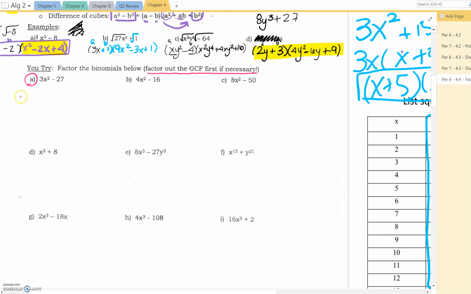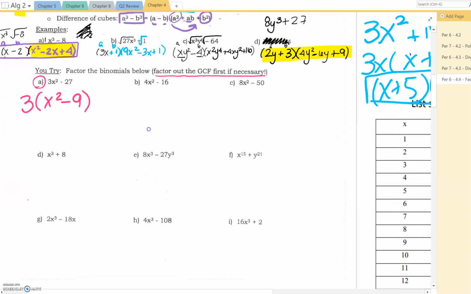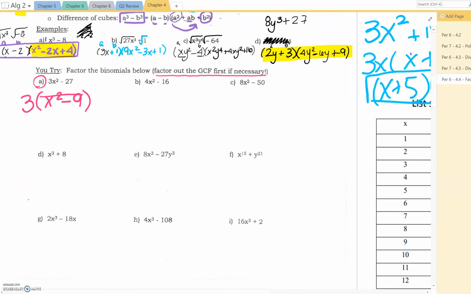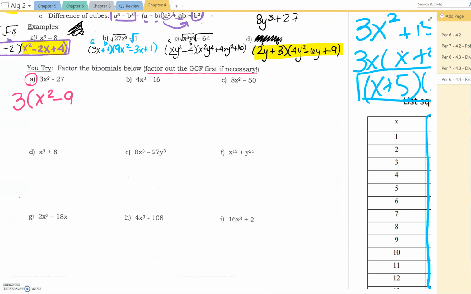I would factor out 3, so that you're left with x squared minus 9. And then you have a difference of squares. This would be 3 times x plus 3, x minus 3.